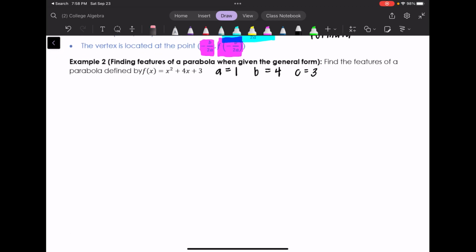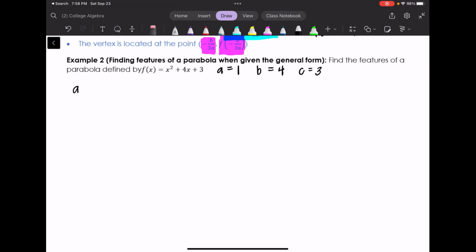And then we can use a to determine if the parabola opens up or down. In this case, a is greater than 0, it's positive, so the parabola is going to open up. That's one feature. The next thing we'll want to find is the axis of symmetry, which is given by x equals negative b over 2a.